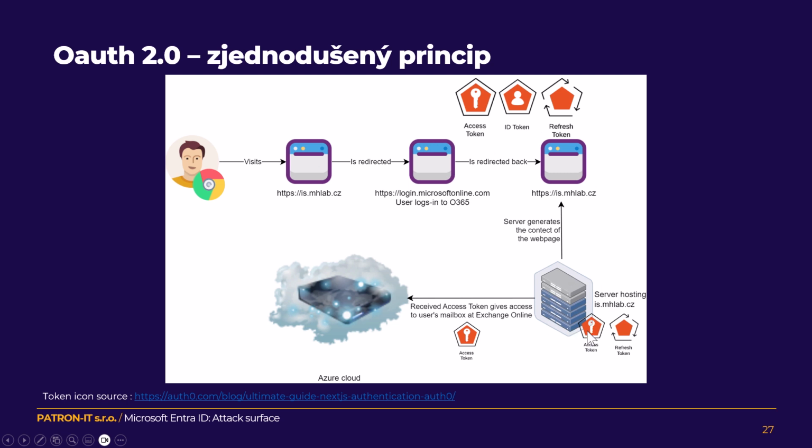That web hosting server can use the access token to go to Microsoft Exchange Online, provide it, and ask for user data. So the server can access user data in different systems, thanks to the access and refresh tokens. But still, the information system cannot access other data than the access token allows, for example SharePoint. And the information system doesn't know the user's password.